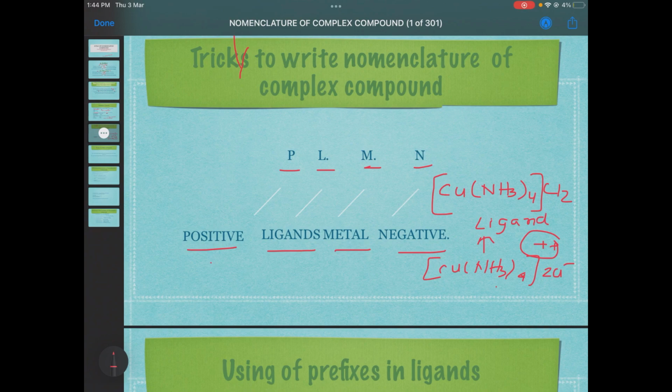Okay, first you see the positive part, then you see the ligand, and you write the prefixes of the ligand. This is tetraamine, tetra. Then you write down the oxidation state, find out the oxidation state related to it, and then write down the metal's name, with the oxidation number in parenthesis, and then write down the negative part.